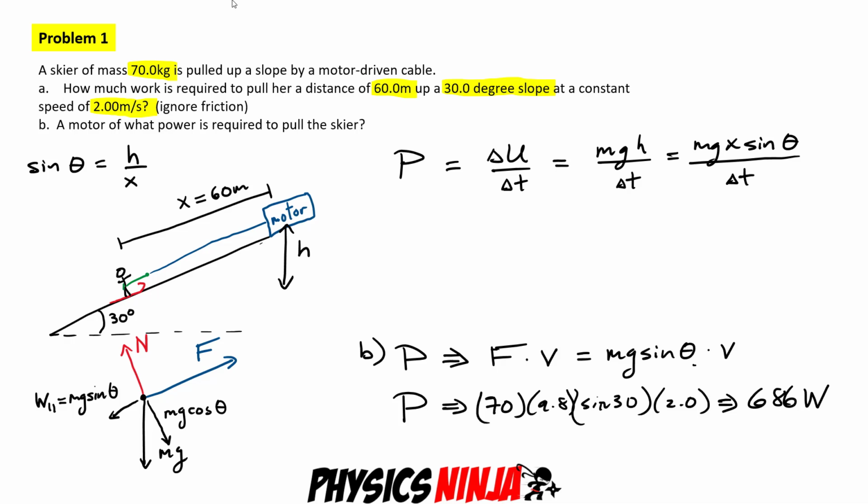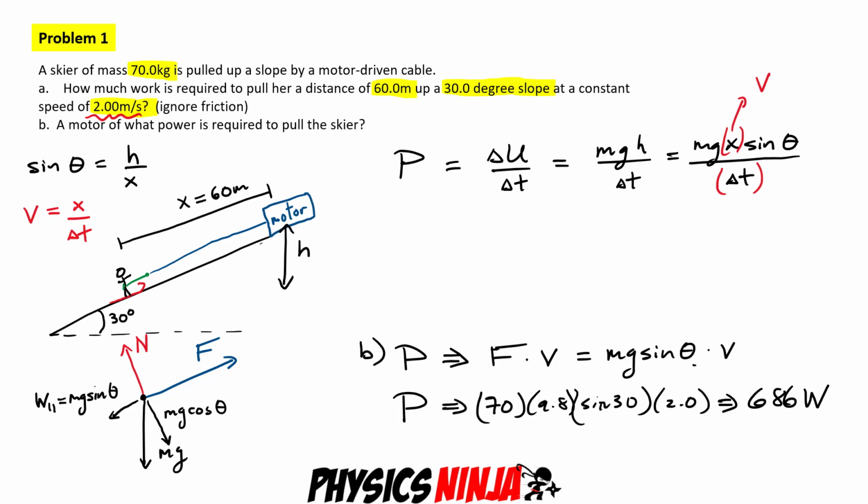Now right away you can see if you group together this x and this t, x is the total distance, t is the total time. This is the definition of the speed. x over t is going to be my 2 meters per second right here. Since I'm moving up at constant velocity, it's simply x divided by delta t, how much time it takes.